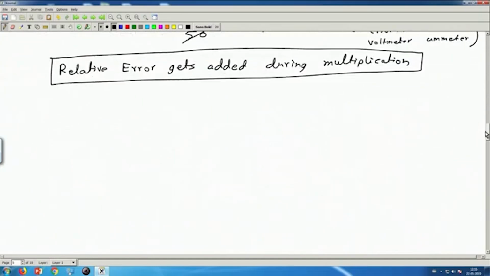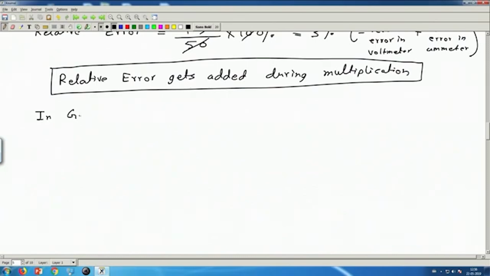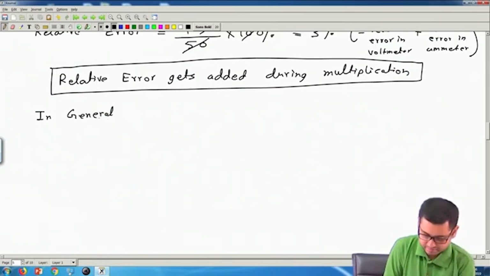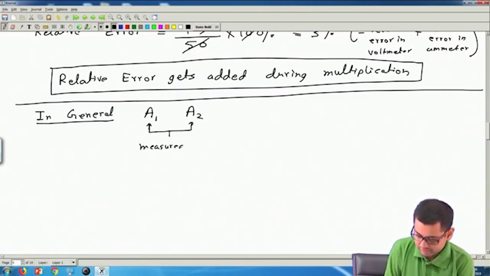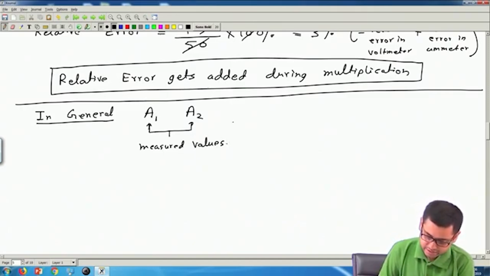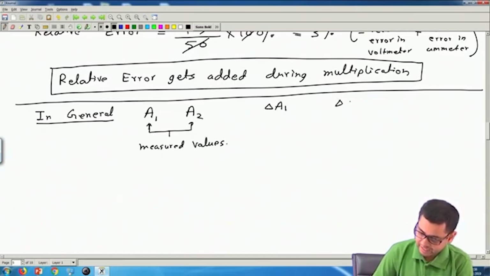So we can prove it in general. Okay, so in general, if I have two quantities, say call them A1 and A2, and they are measured values, and their errors, which are percentage or relative errors, call them delta A1 and delta A2.